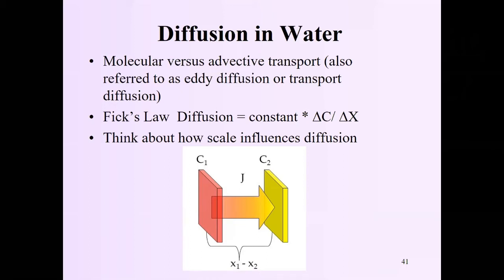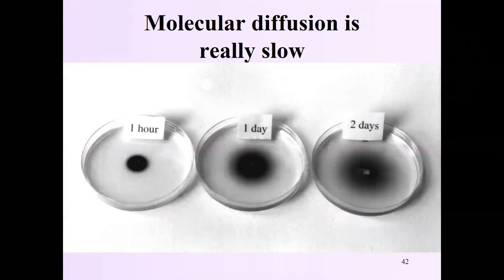And we'll talk about that now. Molecular diffusion is way slower than we necessarily think it is in our brains. And this is going to be the demonstration that we have for the laboratory. These are agar plates, and agar is a polysaccharide from seaweed.